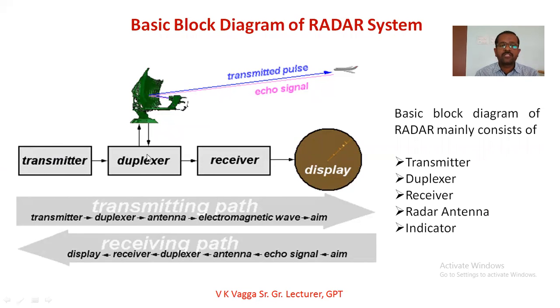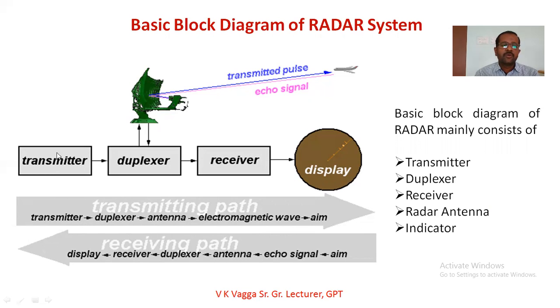In this, the duplexer acts as the switch here, and it gives the antenna connection either for the transmitter or for the receiver, only one. If the signal is being transmitted, the duplexer gives the connection for the transmitter. And if the signal is being received from the antenna, the duplexer gives the connection for the receiver here. In this case, it acts as a dipole switch.